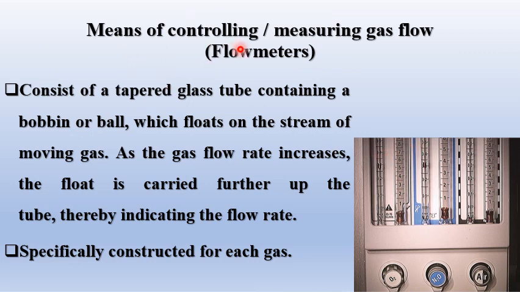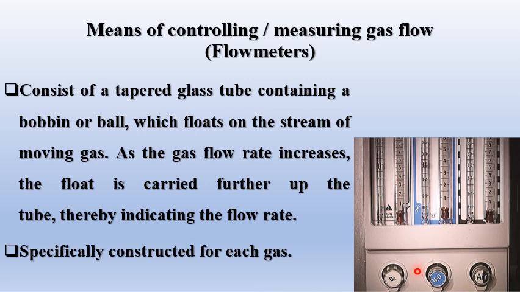Means of controlling and measuring gas flow: the flow meter. A flow meter consists of a tapered glass tube containing a bobbin. This one is a bobbin or ball which floats on the stream of moving gas. As the gas flow rate increases, the float is carried further up the tube, thus indicating the flow rate.